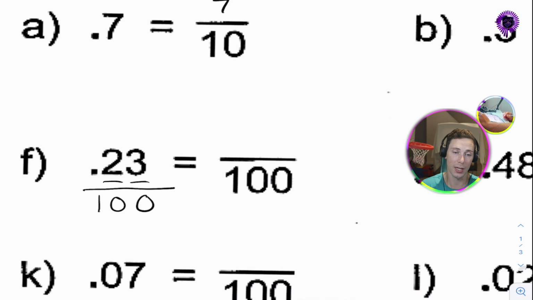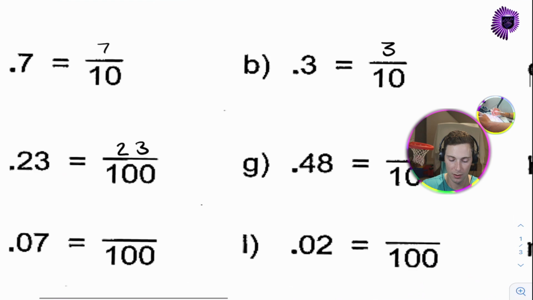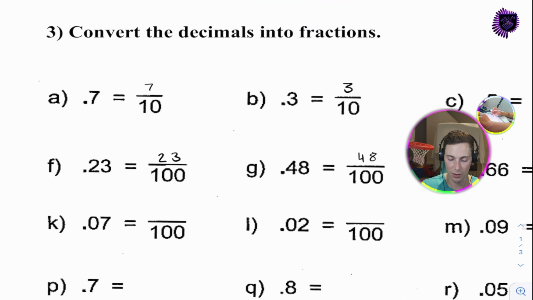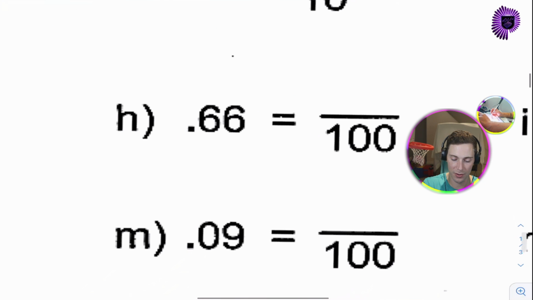So we need to make sure we write 100 underneath it. It's giving you the anchor here as well, right? 23 hundredths, which is 23 over 100. 48 hundredths. Pretty straightforward so far. 66 hundredths.